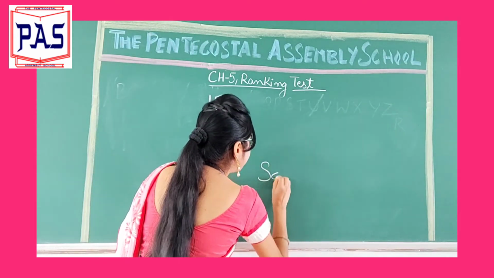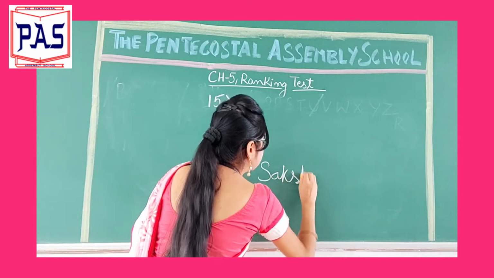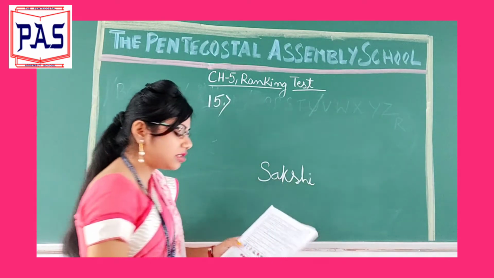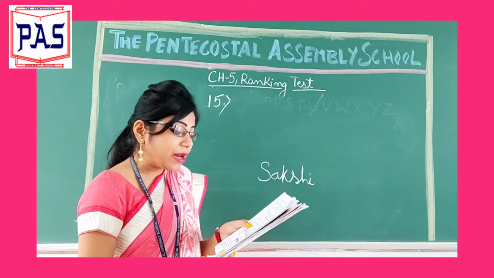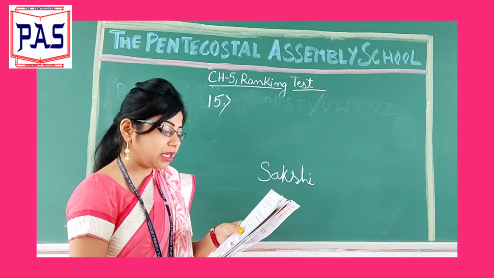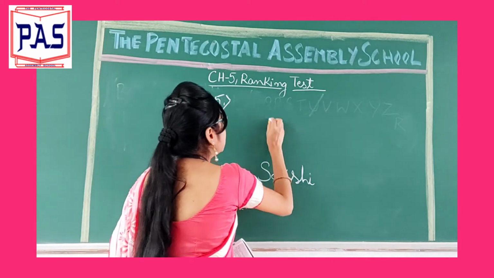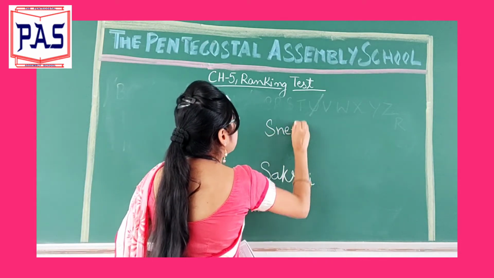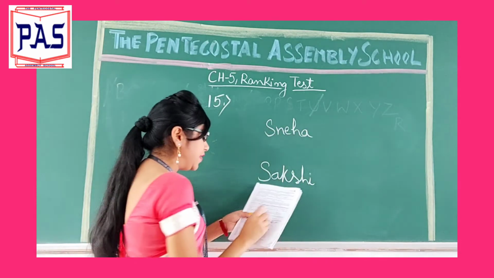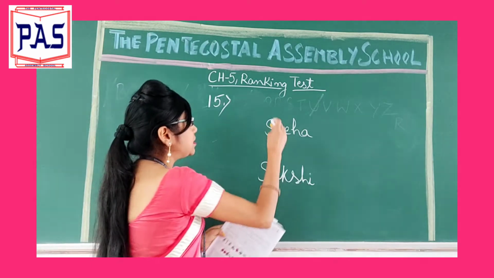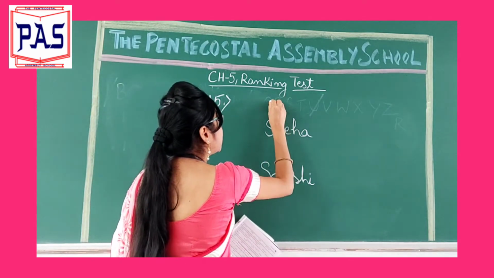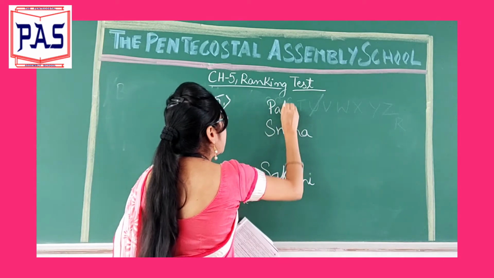So, here we will write Sakshi. Pallavi is taller than Sneha. If we put Sneha here, then Pallavi is taller than Sneha. It means Pallavi will come at the top.